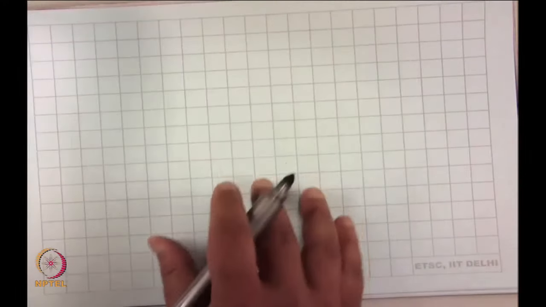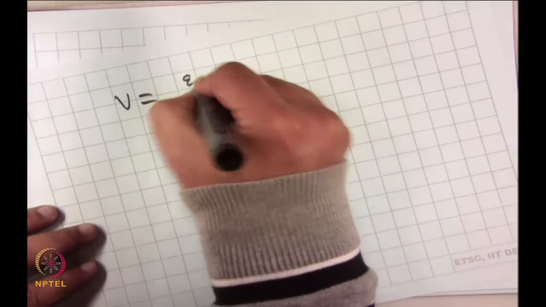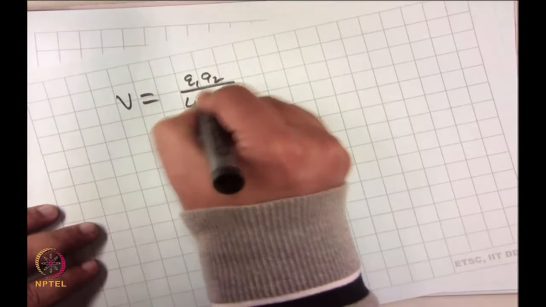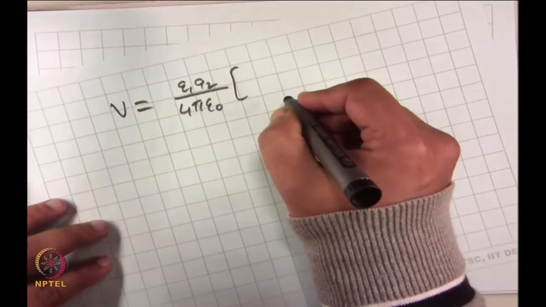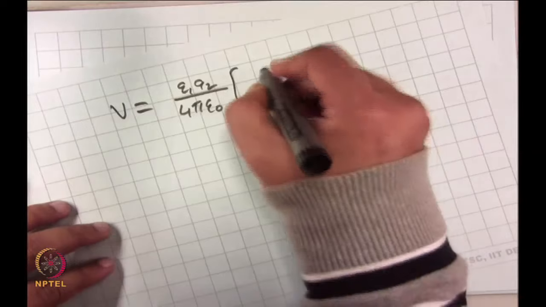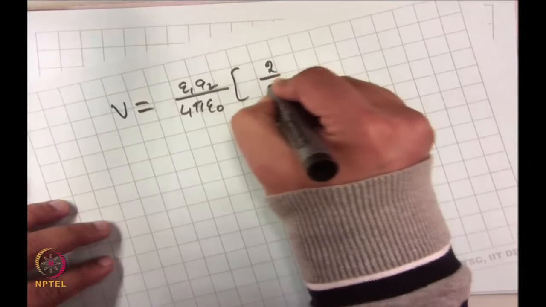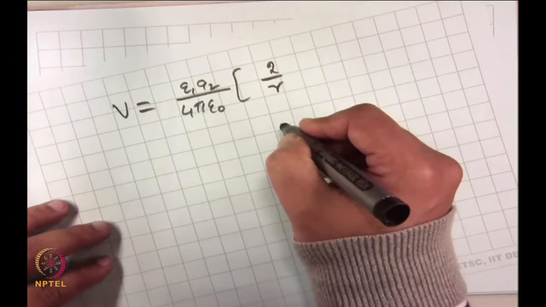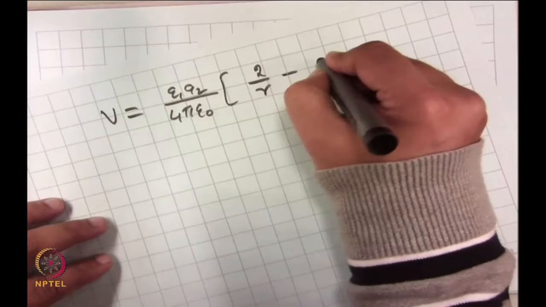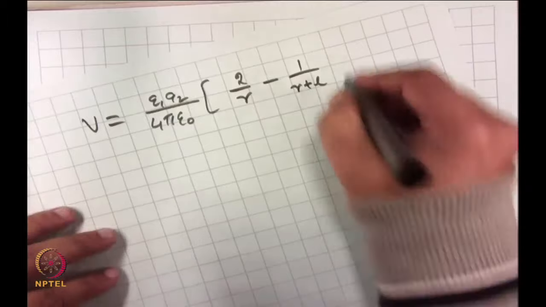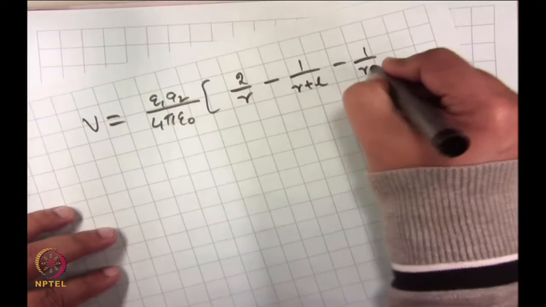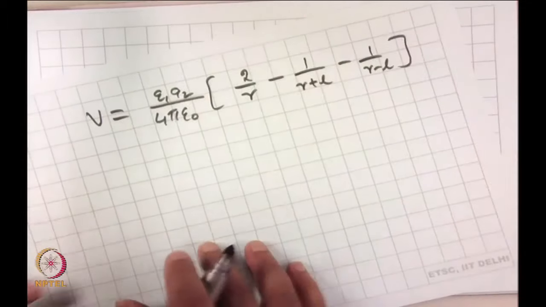So then I can simplify it by writing V is equal to q1 q2 by 4 pi epsilon 0. I can take that as common. Then what will I be having? I will be having 2 by r, then minus 1 by r plus L, and then minus 1 by r minus L, right.